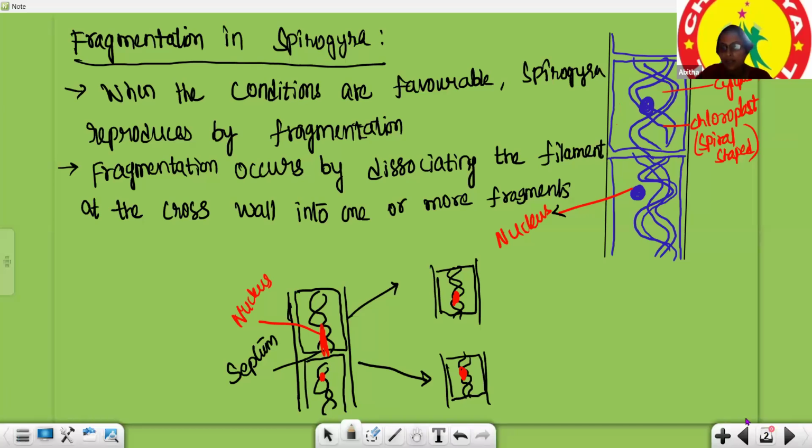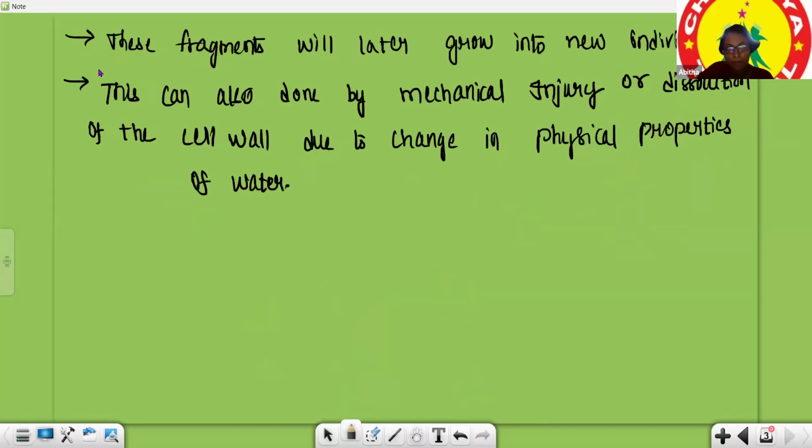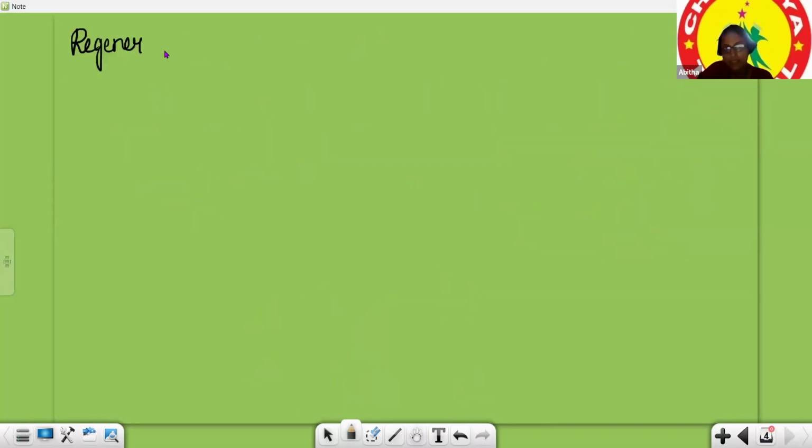Okay, next we can discuss the regeneration process. The term indicates that a new one is going to be produced. If any body part is missing from an organism, it is going to produce that body part.